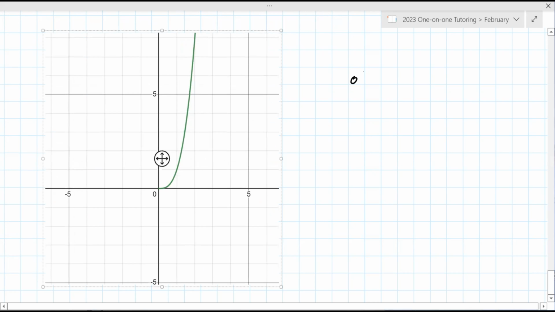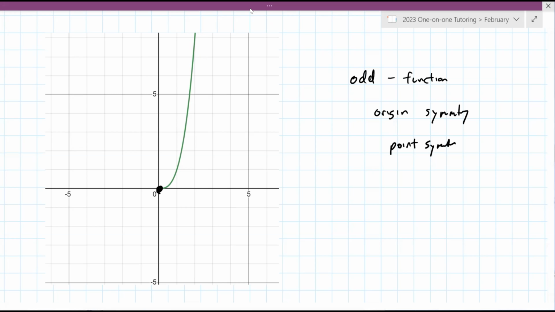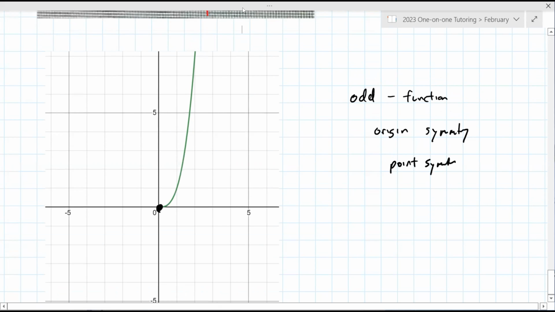An odd function has what is called origin symmetry. Sometimes that's when it starts at the origin of the graph, or 0, 0, and sometimes it's referred to as point symmetry, but not all of them do. These examples will.